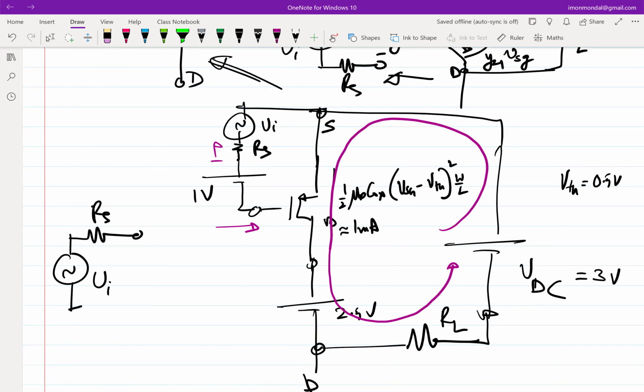It cannot go into this ground. Correct? So if this is 0 volt, this voltage will be 1 milliamp times RL. So this will be whatever ID sat, that is the saturation region current, times RL, which means the source voltage will be 3 volt plus ID sat times RL.